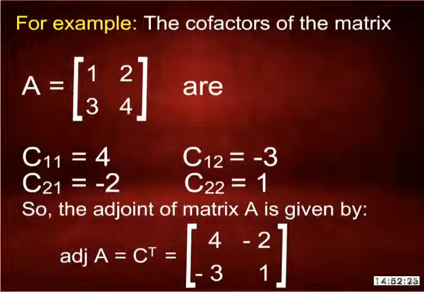Now C is the matrix of the cofactors whose first row elements are 4, minus 3 and second row elements are minus 2, 1. So the adjoint of matrix A is given by transpose of matrix C, that is equal to matrix whose first row elements are 4, minus 2 and second row elements are minus 3, 1.